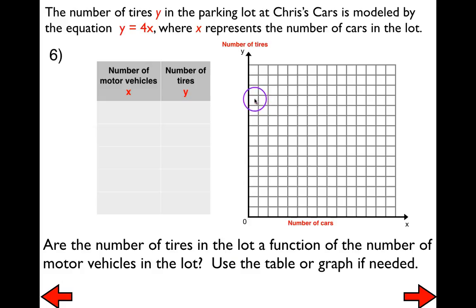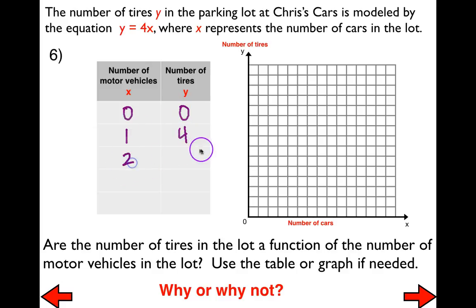So I'm going to use both so I can show you. If I had 0 cars, I would have 0 tires. If I had 1 car, I should have 4 tires. 2 cars should have 8 tires. 3 cars should have 12 tires. And 4 cars should have 16 tires.